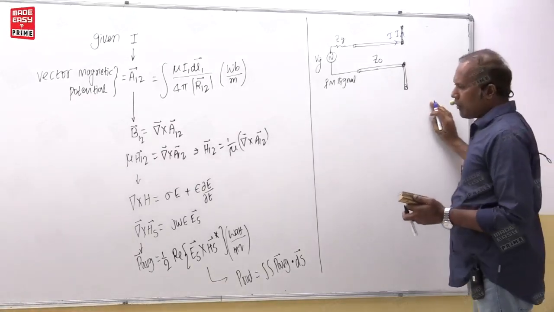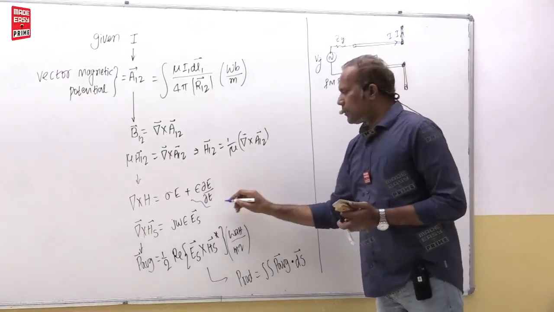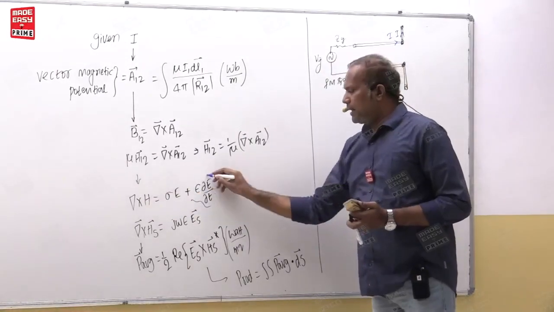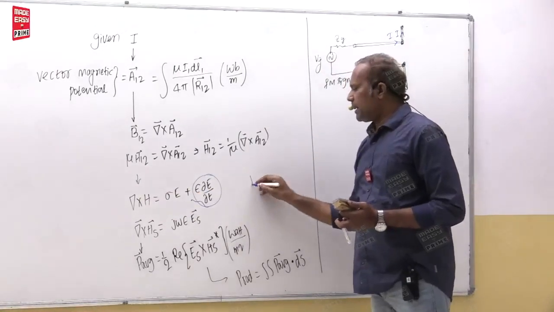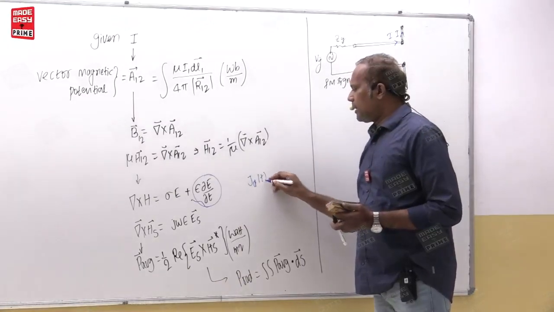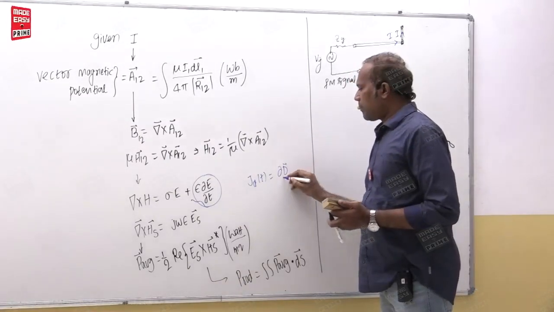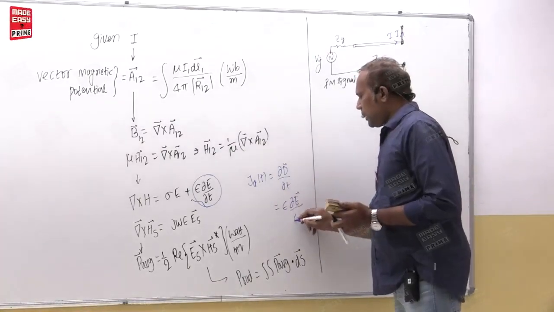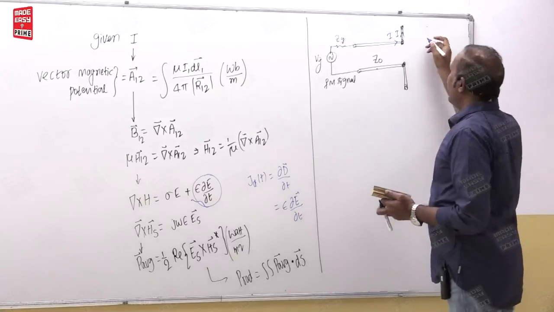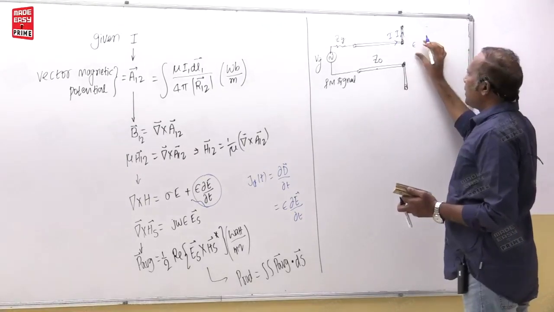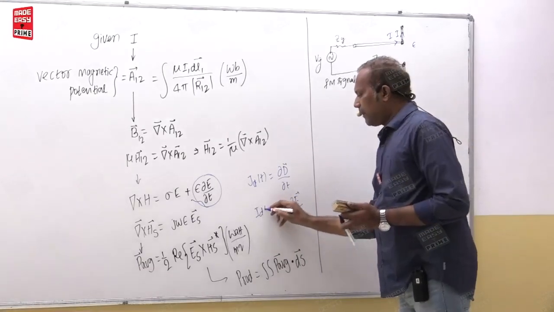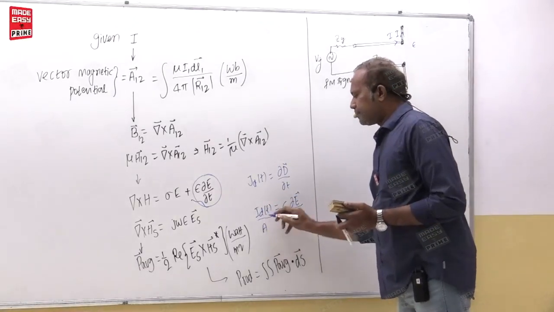Don't worry. Here I wrote this equation, you can see here. So this is del cross H is equal to current density plus displacement current density. So J_D(t) is equal to dou D bar by dou t, so epsilon dou E bar by dou t. That means in this medium epsilon is present, and because of that also current goes. So that is called I_D(t), displacement current.